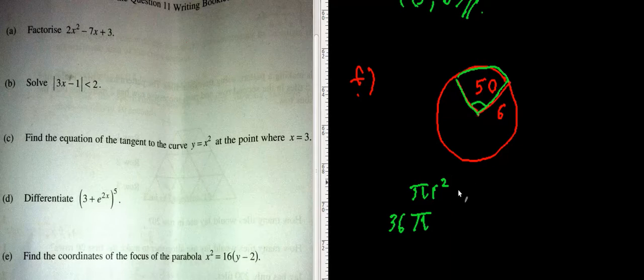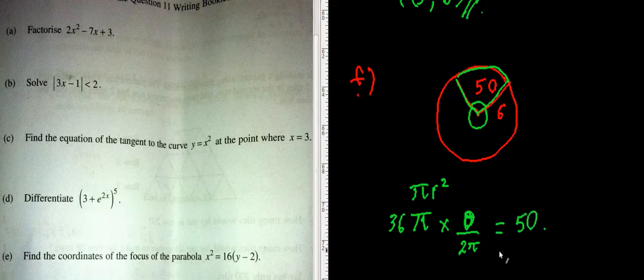But this angle is theta, and the fraction of the sector is theta on 2 pi, because going all the way around is 2 pi. So I multiply by theta on 2 pi, and this is equal to 50.